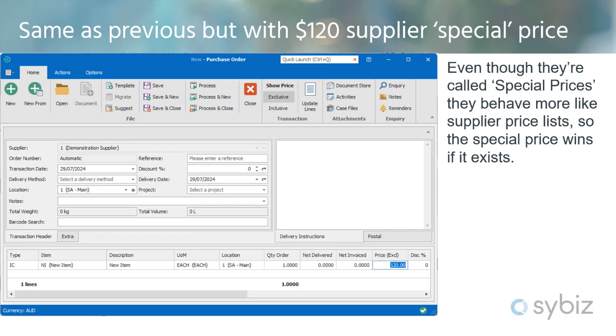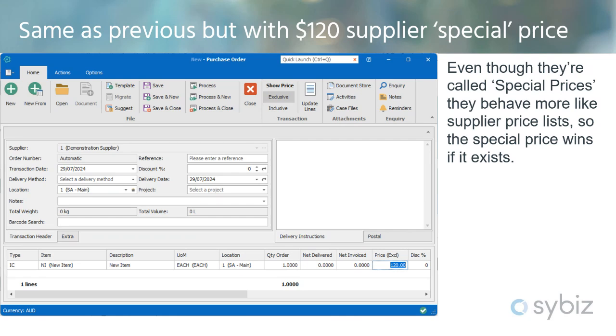So if you've got that relationship with your suppliers where they can provide you with the price lists, you can import them into the system, and then essentially, if a supplier price exists, that is what the system will use when it determines what to use when you do a new purchase order.